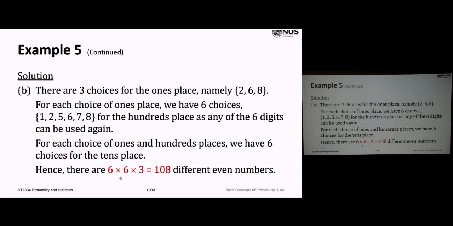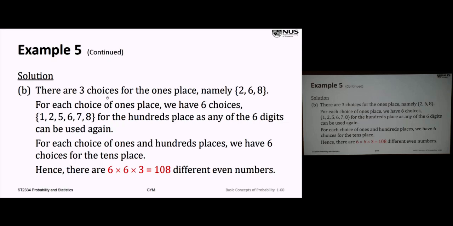Now, the key point is once you've chosen 2, 6, or 8 in the final position of the number, I'm not doing any replacement, so I can basically choose any of the numbers. For each position, I can choose any of the 6 numbers. So first of all, I have 3 choices. My second experiment, I have 6 choices. My third experiment, I have 6 choices.